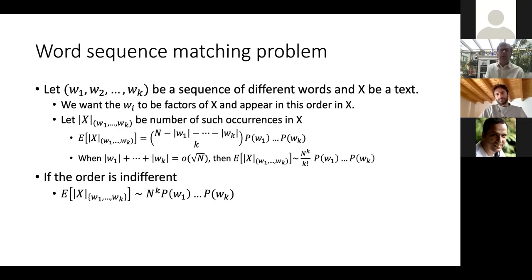If the order is different, well, it's very simple. You have to multiply by factorial K, and you get this expression. This will be useful later at the end of the talk, when we are going to talk about matching over the COVID genome.